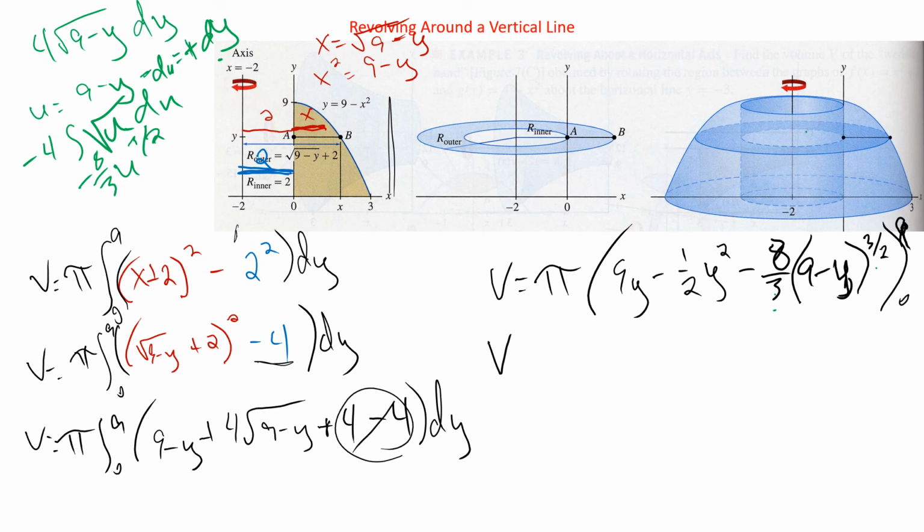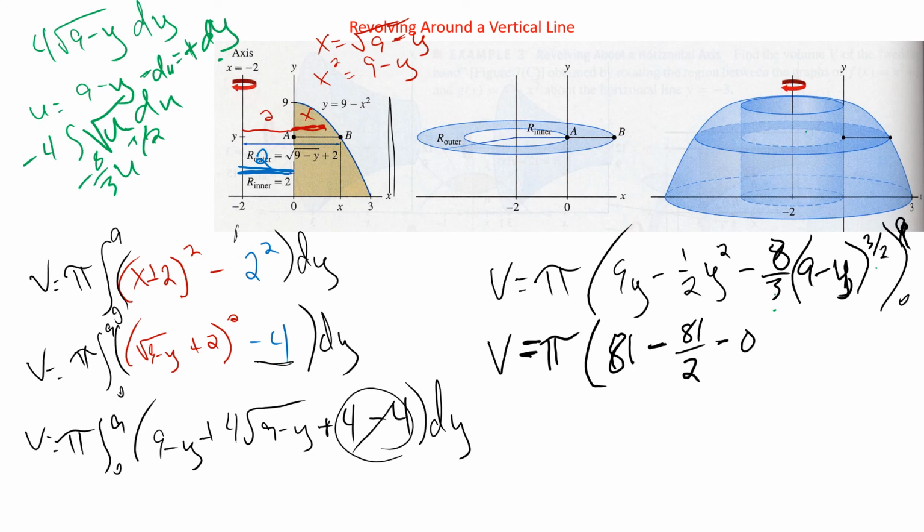So now we can have my pen work consistently. Pi, plug in 9. It's going to get us 81 minus, 9 squared is 81 times 1/2 is 81 over 2. Minus, when we plug in 9 here, 9 minus 9 is 0 to the 3/2 times something is just minus 0. That's okay, but be thinking when we plug in 0, it's probably not going to be 0.